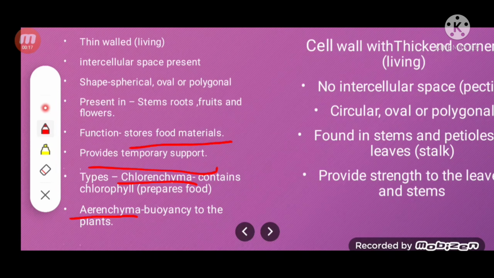How is chlorophyll helpful? They prepare food for the plants. So mostly they will be found in leaves. And aerenchyma, as the name suggests, provide buoyancy to the plants. We will again see these categories in the next slide in detail.